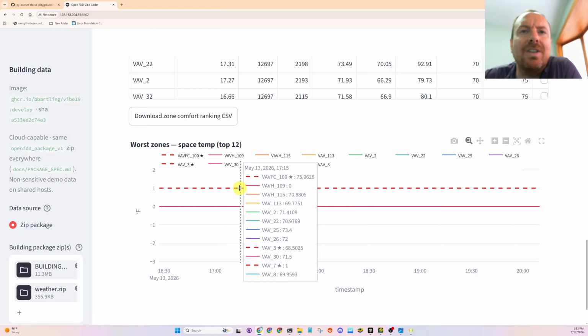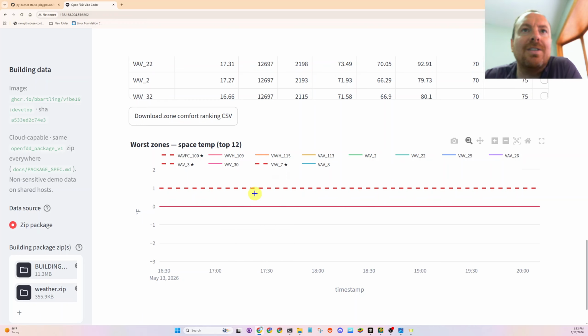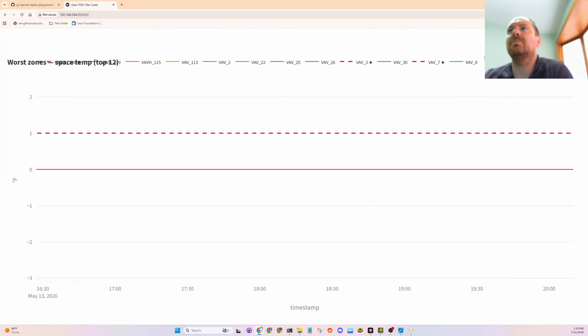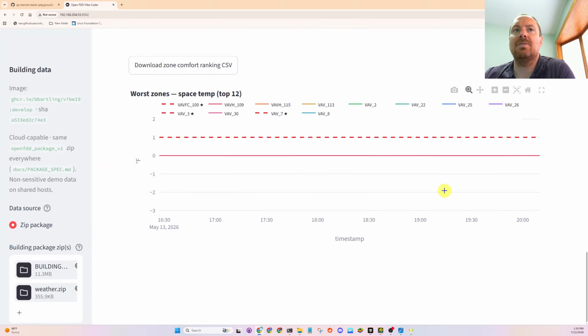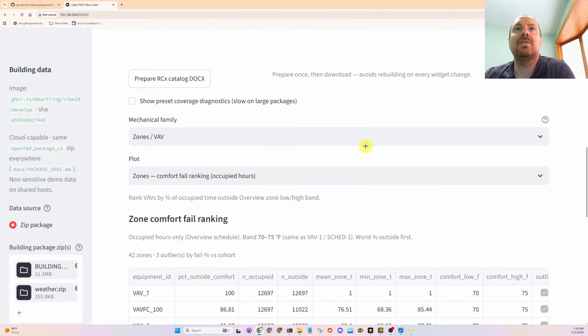Oh yeah, it looks like it's VAV 3 and VAV 7. You see right here, it's kind of hard to see, but a couple of these VAVs right here. So maybe in my little report here, I'll say these 3 VAVs seem to be problematic. In Plotly, you can just download some of the stuff.